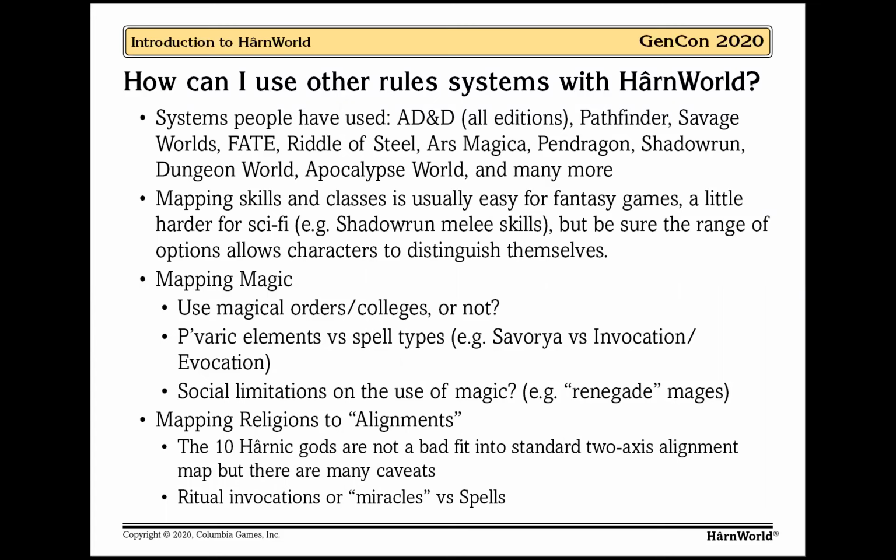Shadowrun is a sort of sci-fi game. It's great if you have a lot of different variability in firearms, but there's no firearms in this particular medieval fantasy setting. So what I had to do is take Shadowrun's single, quote unquote melee combat skill and break that up into multiple skills. So I could distinguish between someone who was good with using a sword versus using a spear versus using daggers or whatever. So sometimes you'll have to do a little bit of tinkering there.